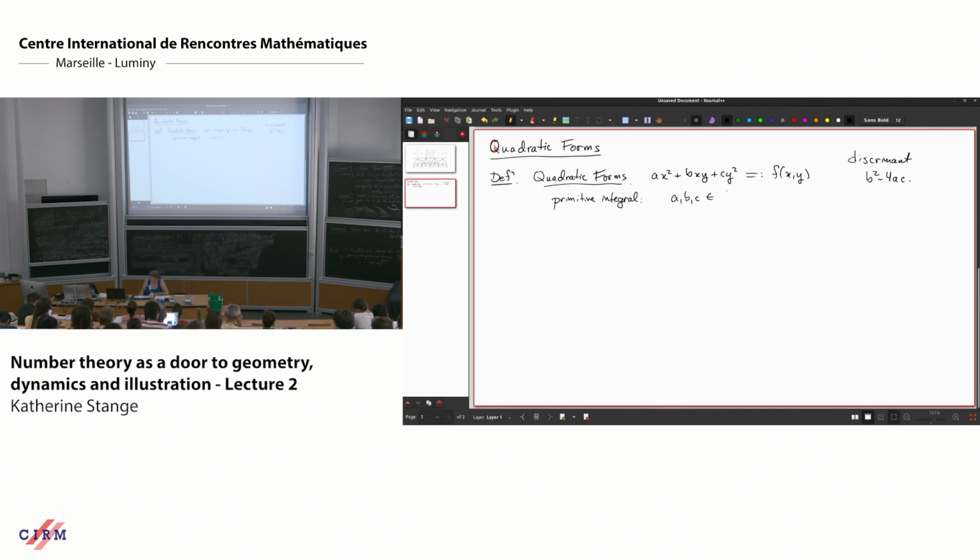If they're rational coefficients, I can multiply up the denominators to make integer coefficients without changing the solutions of the form. And so I'll often multiply up so that they have no common factor and they're integers. And then we'll call that a primitive integral binary quadratic form. So I guess I should say binary up here.